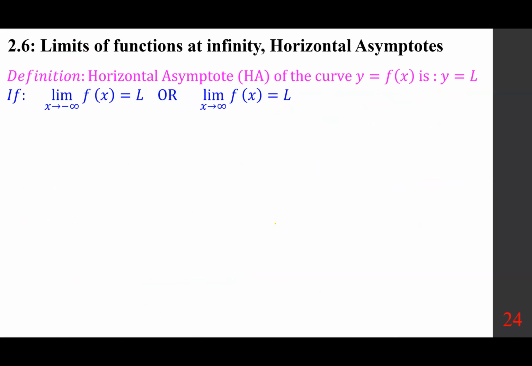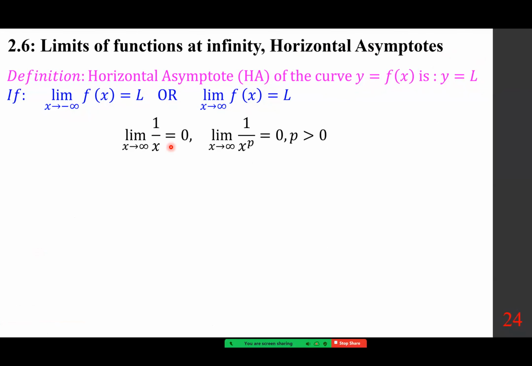Limits of functions at infinity, horizontal asymptotes. Here's the definition. Horizontal asymptotes of the curve y equals f of x have the equation of the format y equals L, if the limit of f of x as x approaches minus infinity is L, or the limit of f of x as x approaches positive infinity is L. Okay.